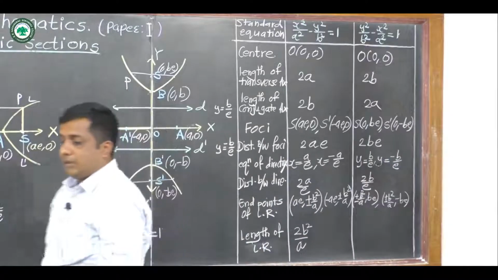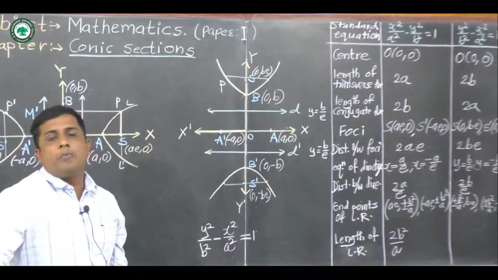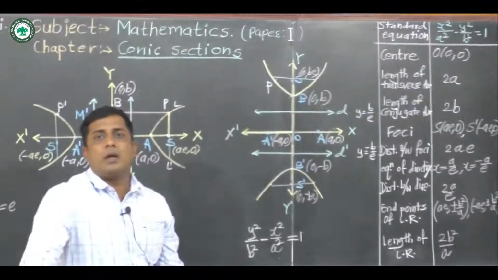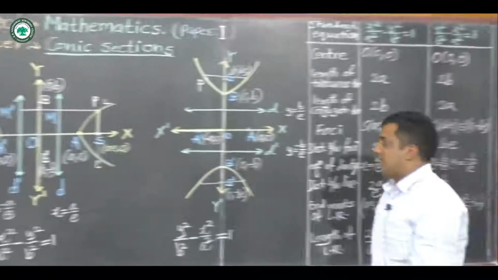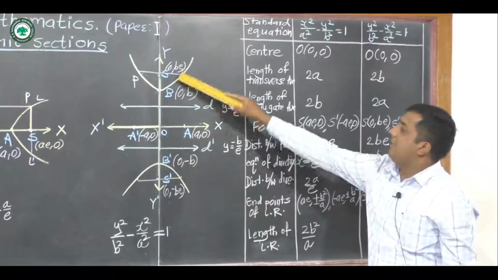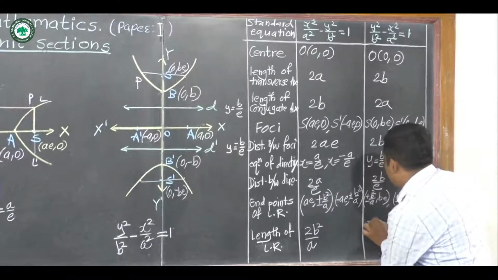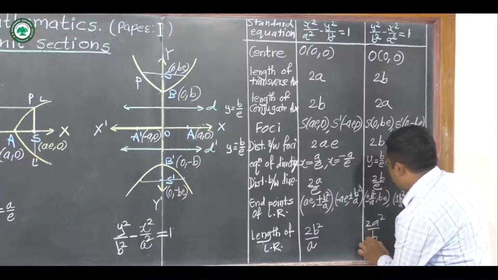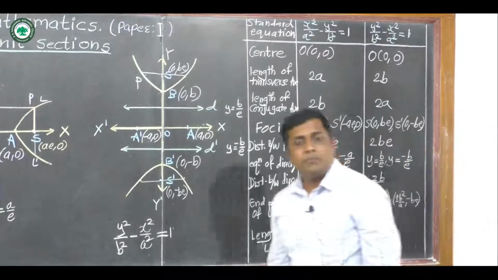So these are the coordinates of the endpoints of the latus rectum. And in the last, the length of the latus rectum, the length between these two, is twice A square upon B.